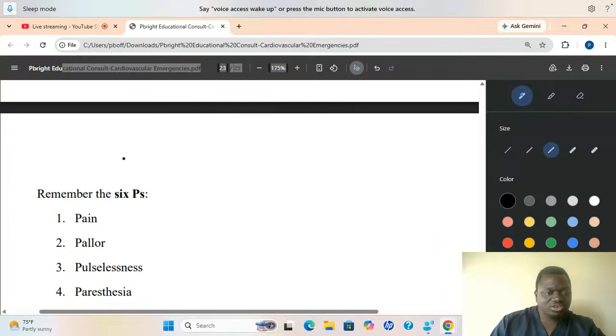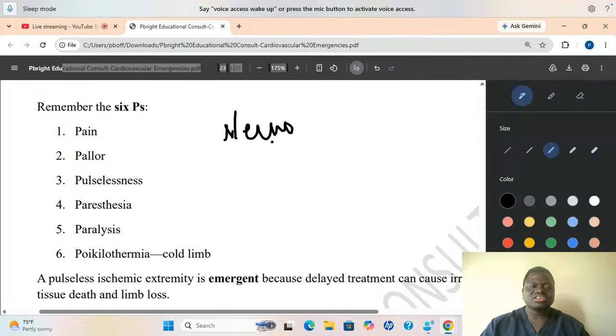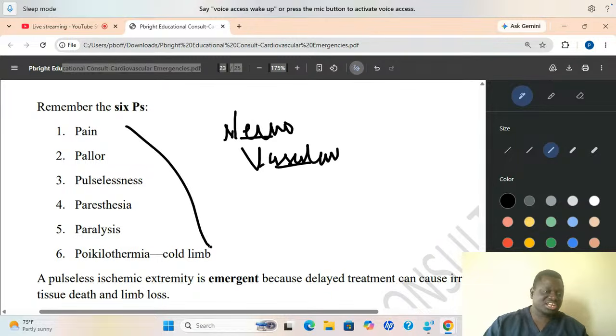You see it. So always, arterial blockade, your six piece neurovascular assessment. You are done. If you remember your 6 piece, you know how to treat this guy.